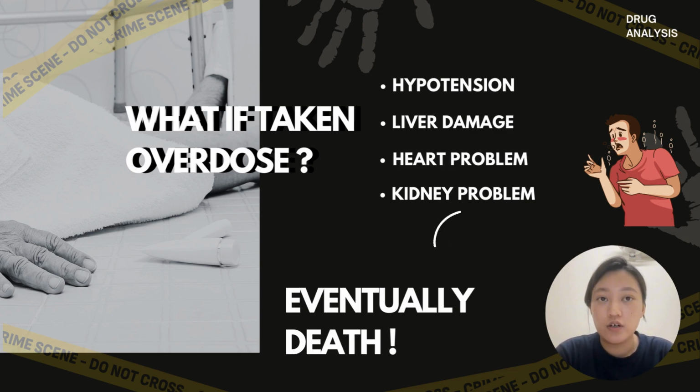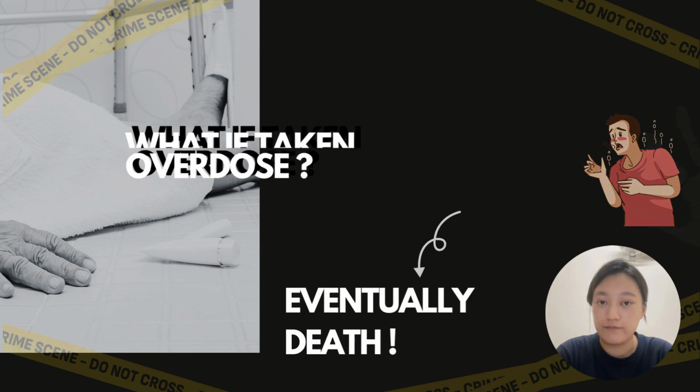Additionally, an overdose can result in significant liver damage, heart damage, and kidney problems. As the problem becomes more serious, it will cause death, as in the case discussed above.